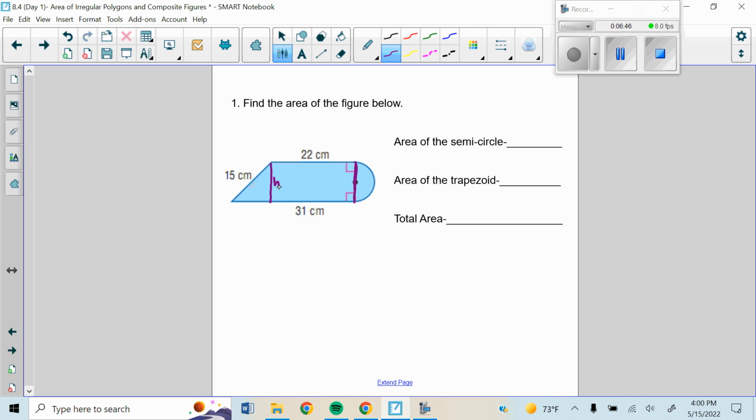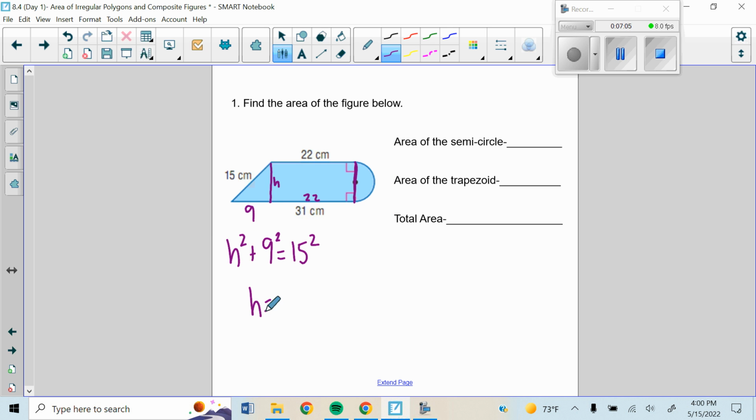So if I check that, this distance here is 22. So that makes this a distance of 9. So I'm going to use my right triangle here to solve for the height of my trapezoid, which is also the diameter of my semicircle.